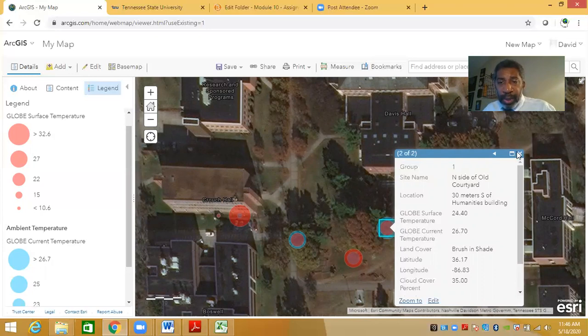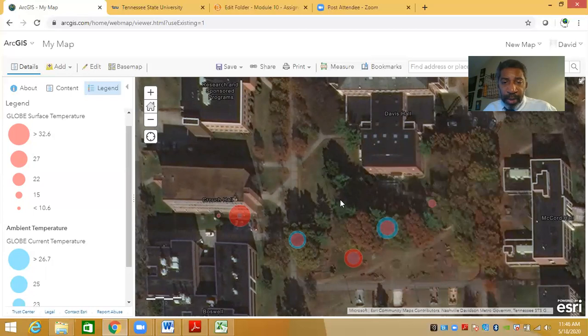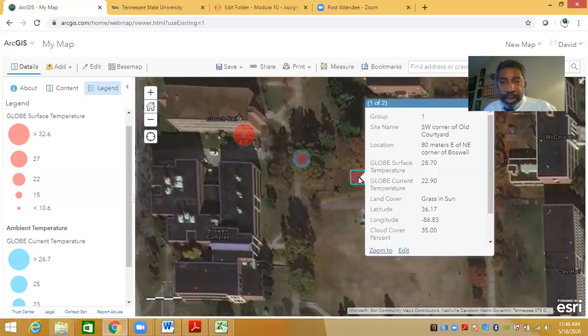And so let's look at another location here. Here is grass in the sun. So if we compare grass in the sun versus asphalt in the sun, you can see that this grass results in much less elevated heat than does the asphalt.